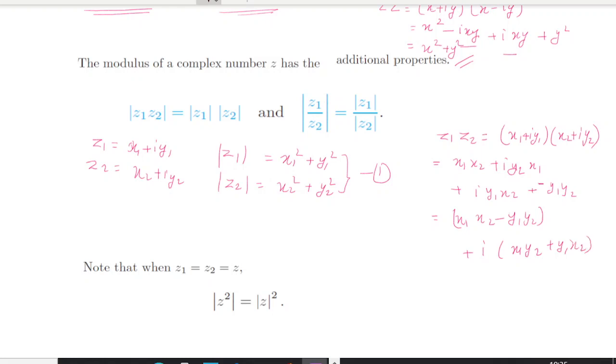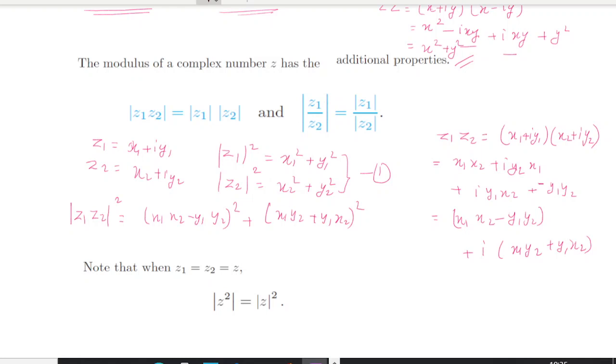In order to find the modulus of z1 z2, modulus of z1 z2 means square root of x1 x2 minus y1 y2 all square plus x1 y2 plus y1 x2 all square. So let me put it as a square: this whole thing squared equals this square plus x1 y2 plus y1 x2 square. Just simplify it.